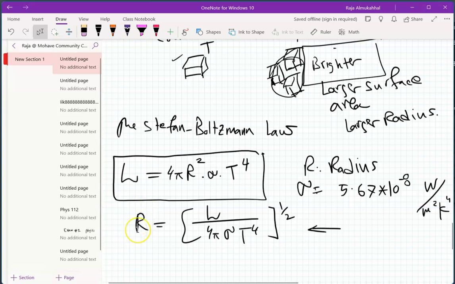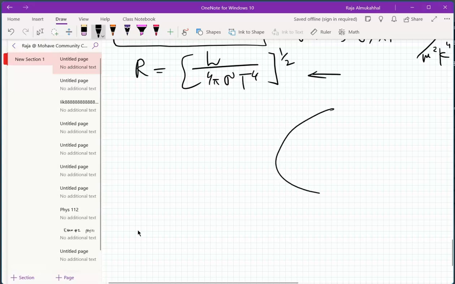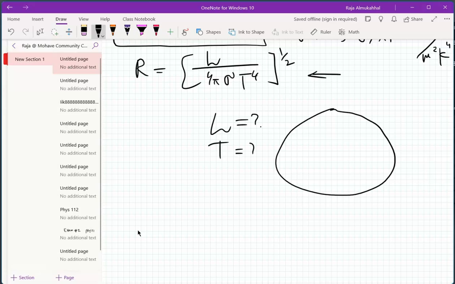Isn't that amazing? So I have a star, like our sun. What is the luminosity of that star, and what is the temperature? With this information, I can tell you the radius or the size of the star.